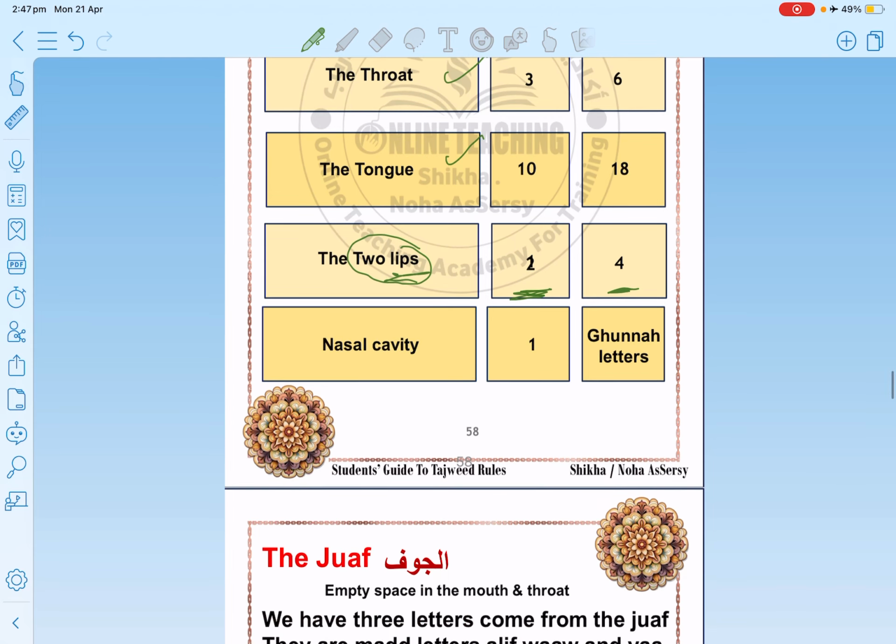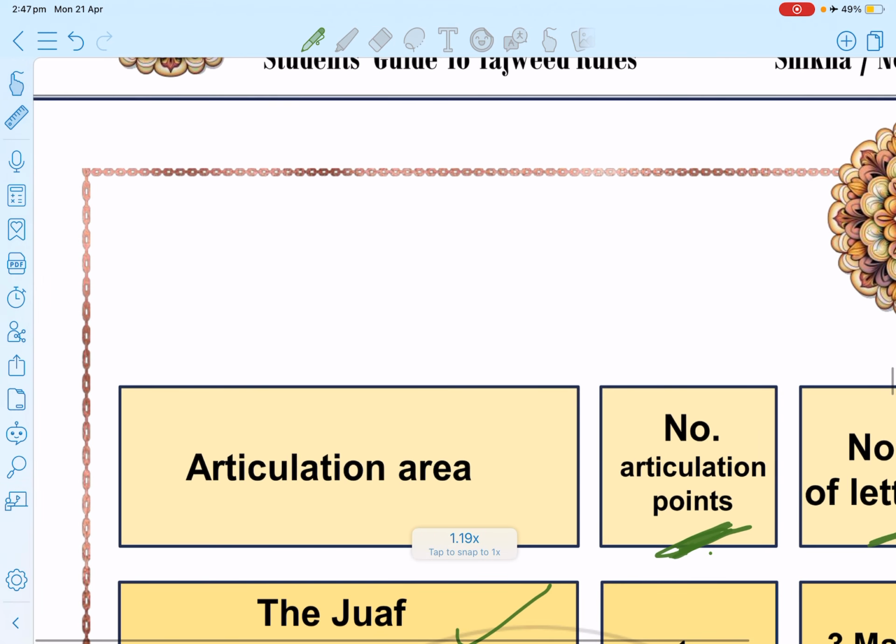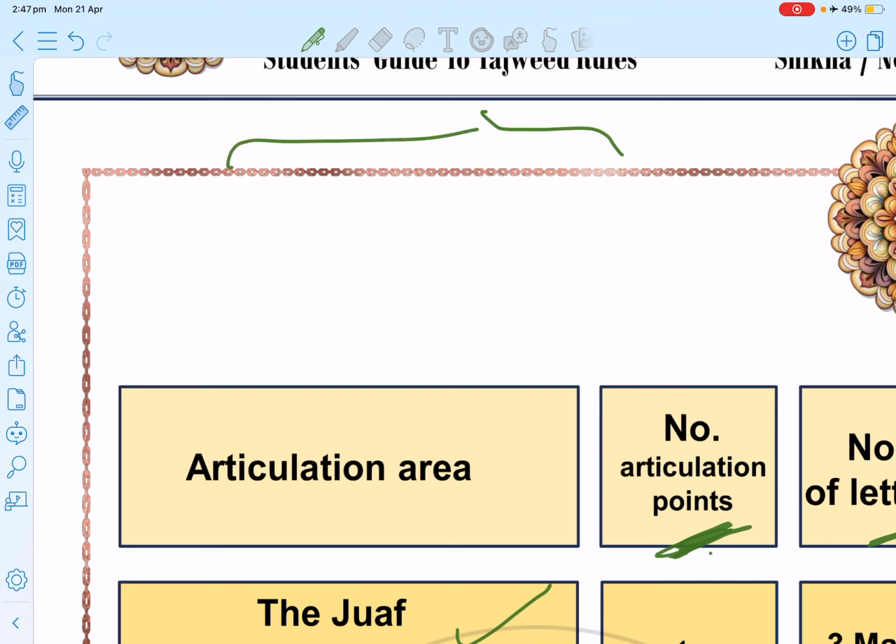So the two specific articulation points are, we have number one.